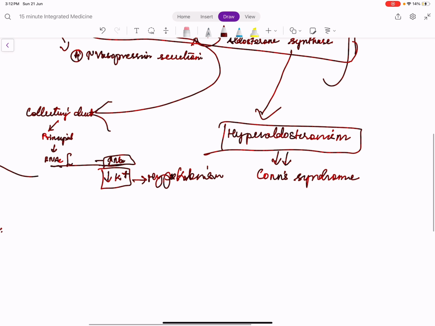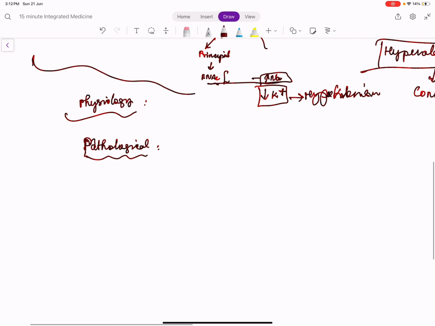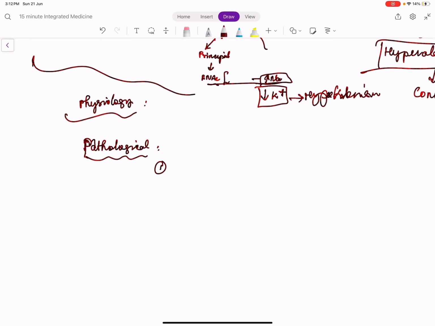So one of the causes of secondary hypertension is Conn syndrome. This is the pathology. Dysfunction of the system leads to essential hypertension, and it is one of the processes causing heart failure. And we have discussed hyperaldosteronism also.